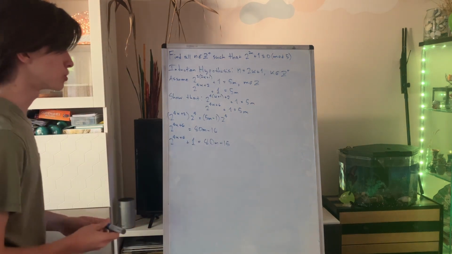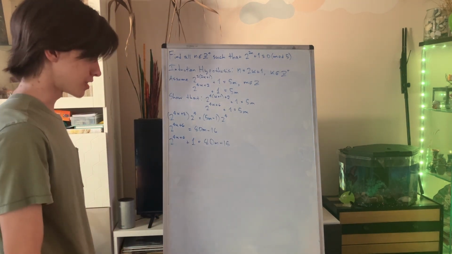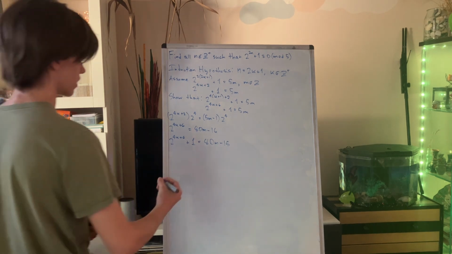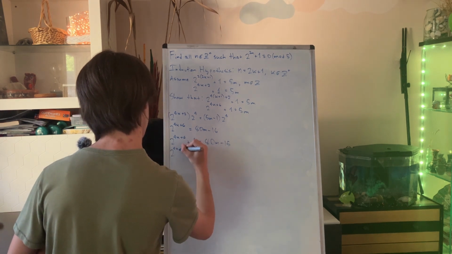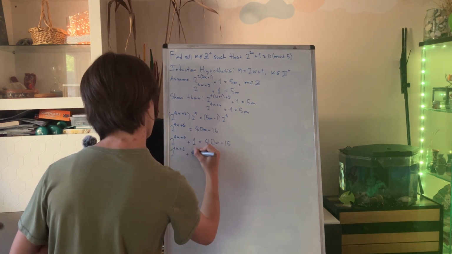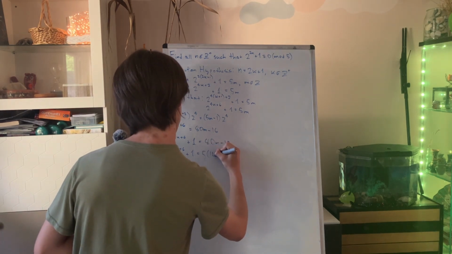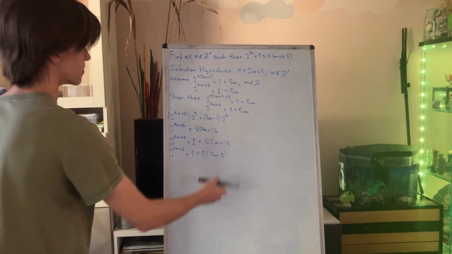We added 1 to both sides. And what do you notice about the right-hand side now? Of course, it's divisible by 5. And we are basically done. We have shown that 2 to the 4k plus 6 plus 1 is equal to 5 times 16m minus 3. And from then, it's 5 times some integer.